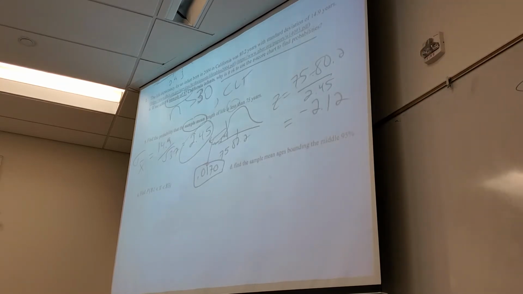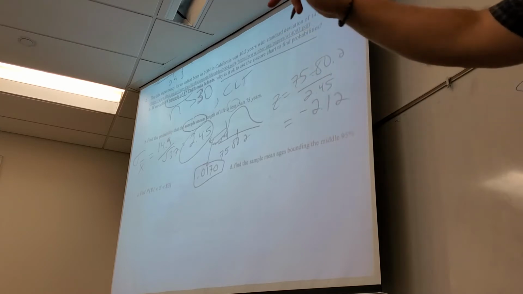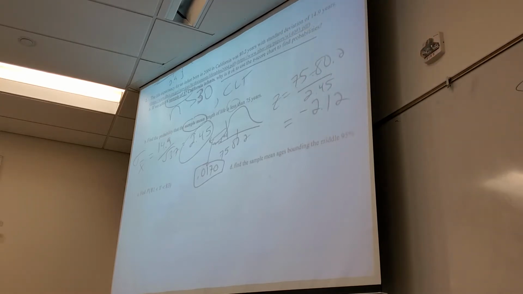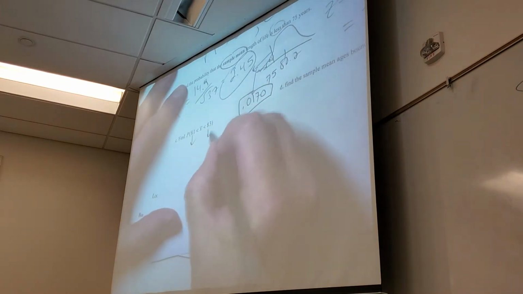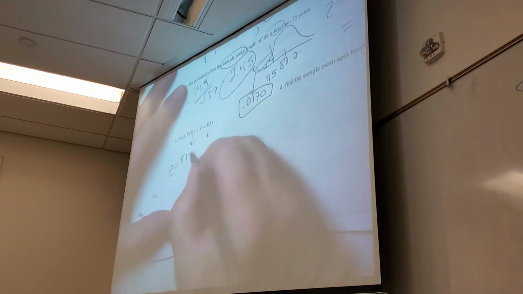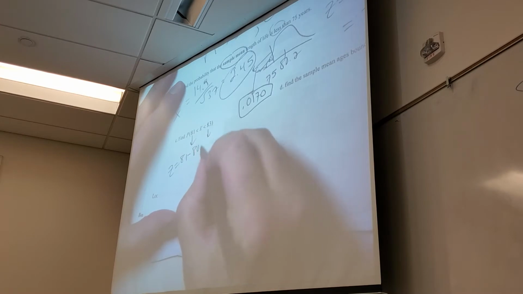So everything we did in that problem is exactly the same as we have been doing. Just the first step was new. Make the spread the right spread. This one, it's still just make these into z-scores, right? 81 minus, what was it, 80.2, divided by the new standard deviation.